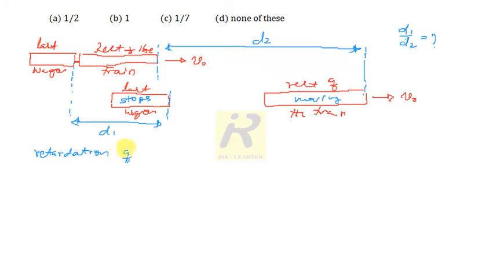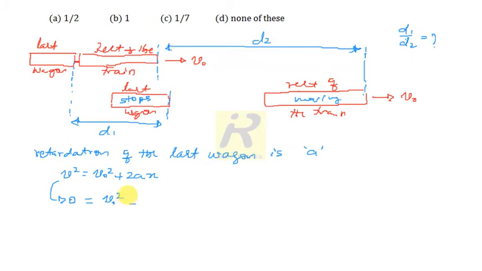When it stops, I use the equation v square equals v0 square plus 2ax. Here v becomes 0, as soon as the wagon stops, and v0 is the initial speed of the wagon, with minus 2a into the distance d1.